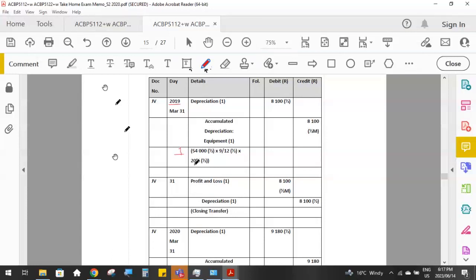And because it's the first year that we owned that asset, even though it is the diminishing balance method, there is no accumulated depreciation to subtract. So it is just 54,000. Let's write it on the side here. 54,000 minus any accumulated depreciation, which is 0. And then we multiply that by 20%, which will give us 1 year's depreciation. And of that 1 year, we only want 9/12 because we owned the asset only for the last 9 months of the financial year. And then that's how we get our 8,100 Rand.